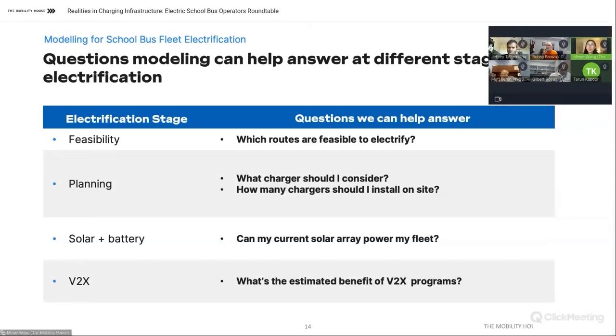What's the estimated benefit of participating in these programs? And how can I get there if I'm interested? So these are all questions I have experienced customers asking with my work at Mobility House. And these are questions that luckily can be addressed with modeling and analytical tools.